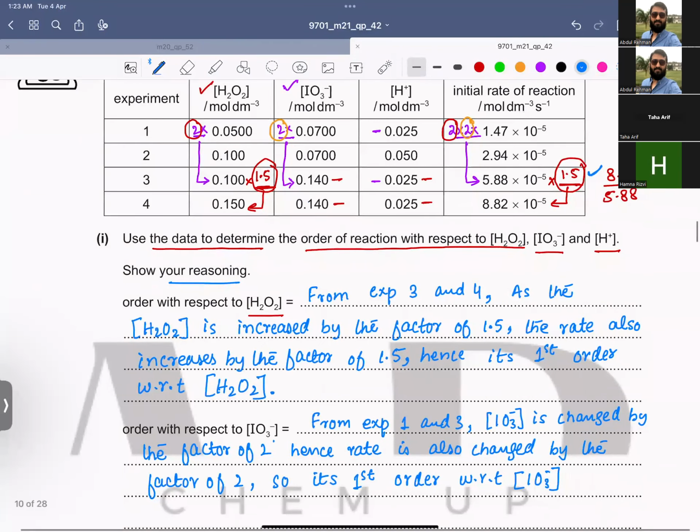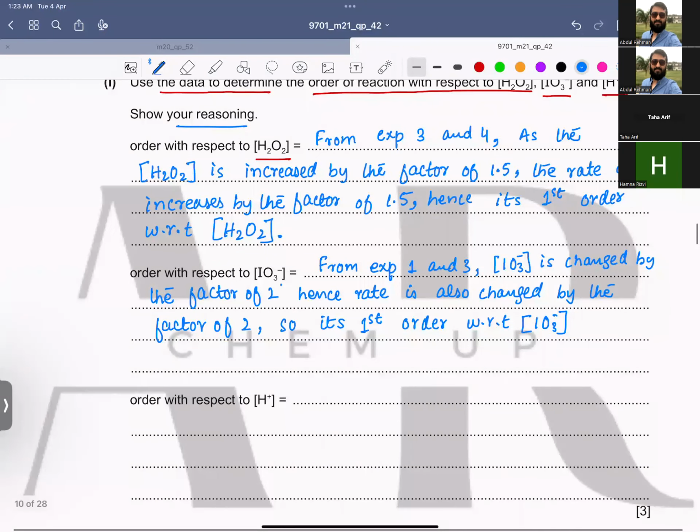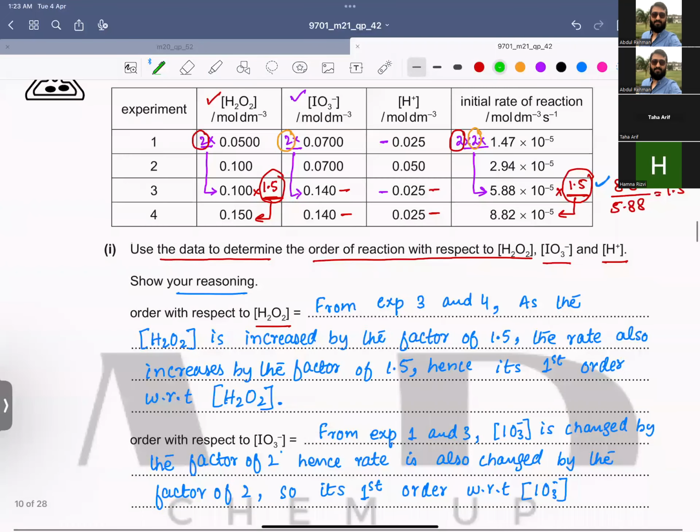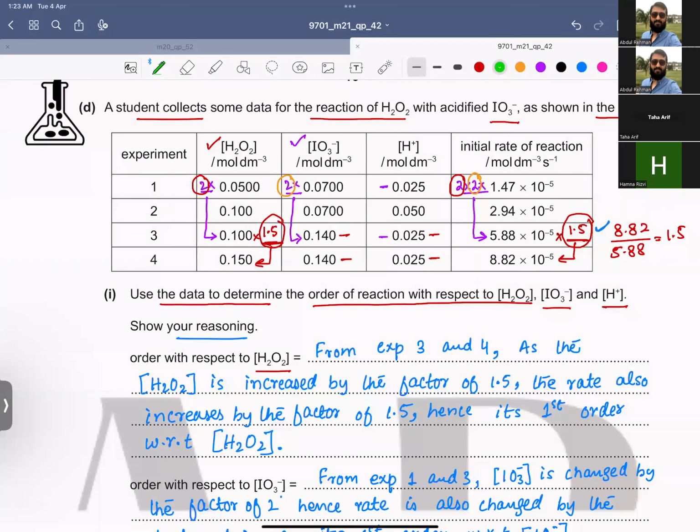Now, order with respect to hydrogen. For hydrogen, which two experiments can we use?